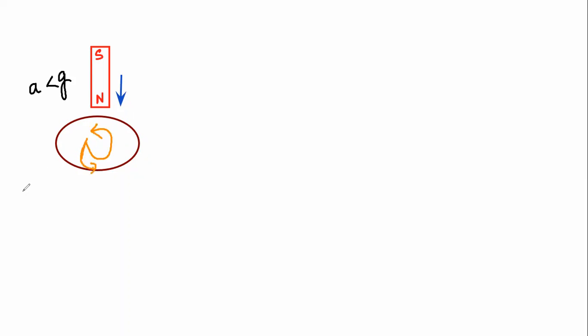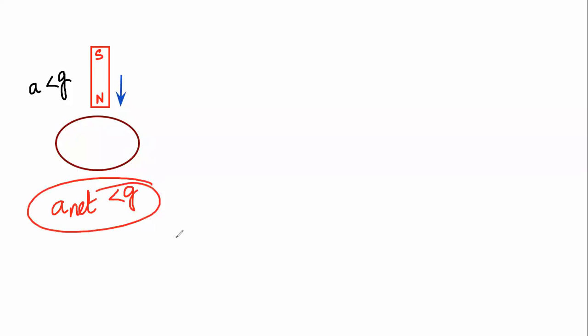North pole and north pole repel one another. That's why some opposition will be there on this magnet due to the loop. So net acceleration is less than acceleration due to gravity in this case.